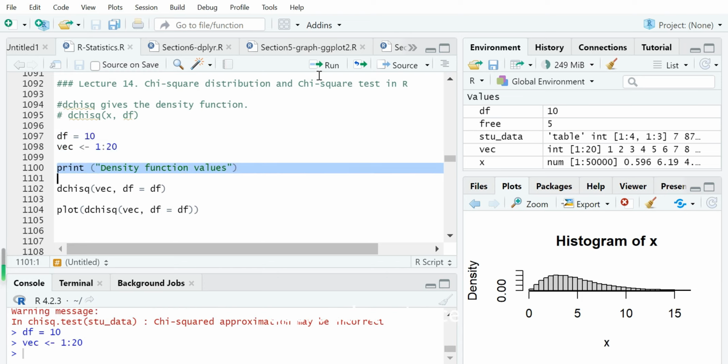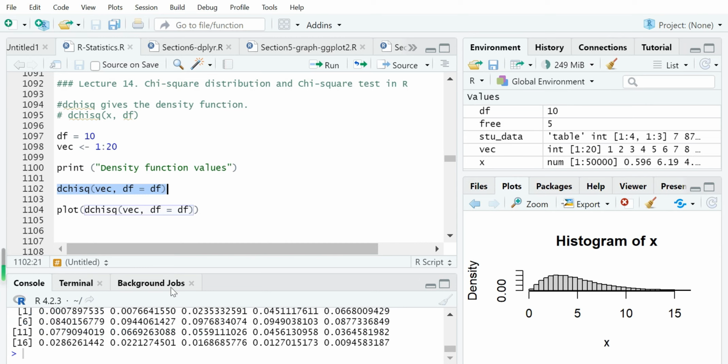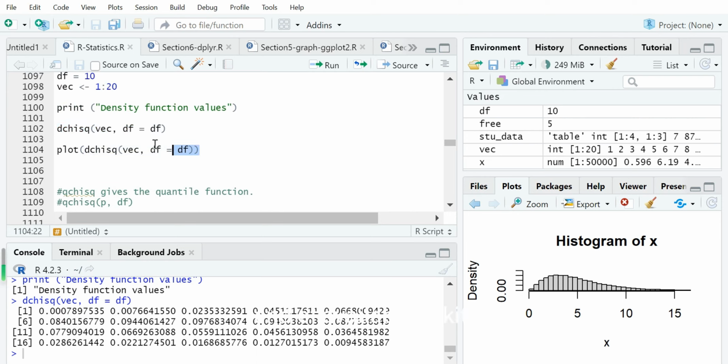We'll print a sentence. Then we can calculate the chi-square density of this vector. These 20 values represent the density of each random variable in chi-square distribution with degrees of freedom equal to 10.